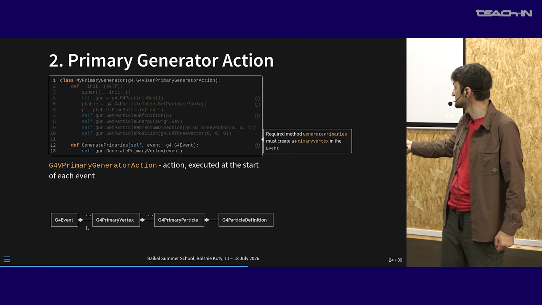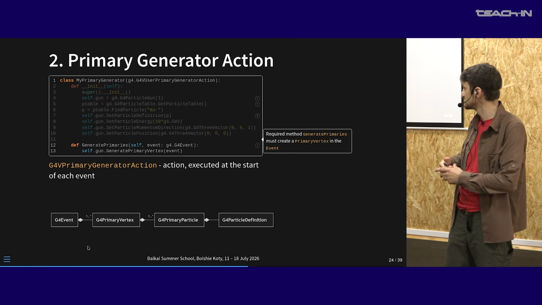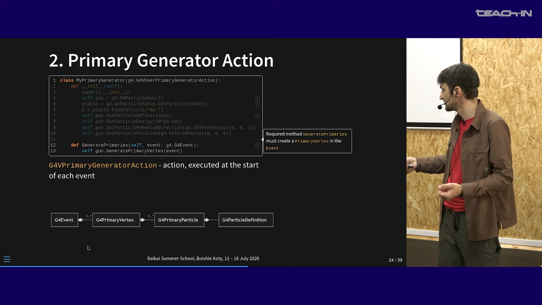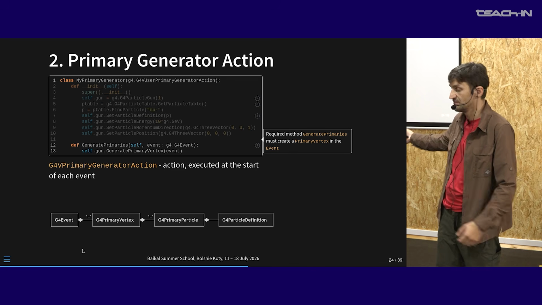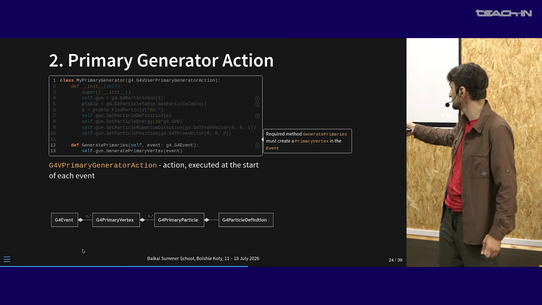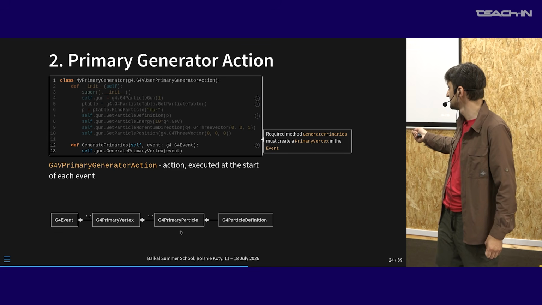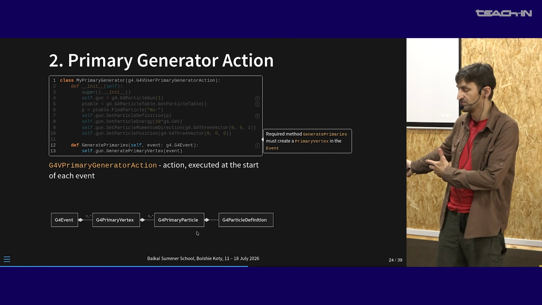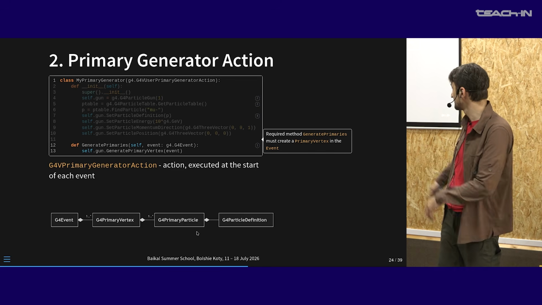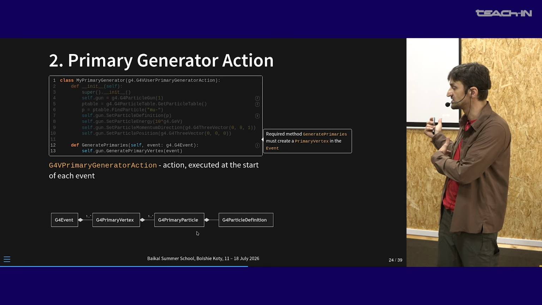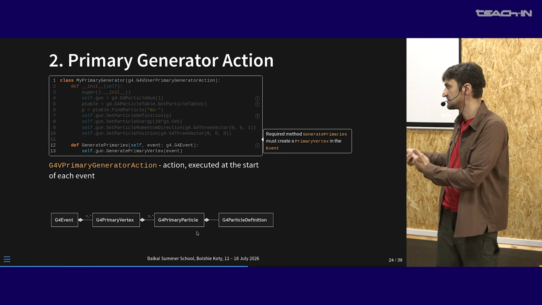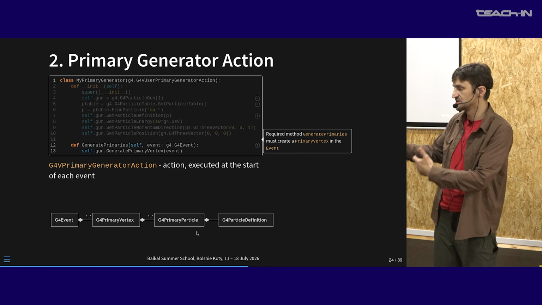So G4Event is a container with all the stuff belonging to the event. It has a primary vertex, one or many, which contains one or many primary particles coming from this vertex, and each primary particle contains the particle definition and the energy, momentum, etc.